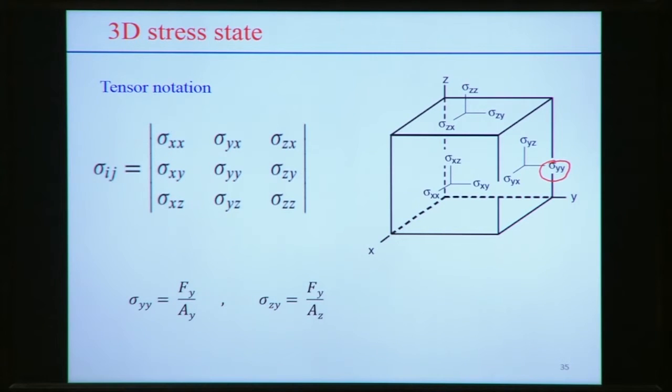But on the same plane we define the shear stresses sigma yx and sigma yz. Sigma xx is also acting along the direction x, similarly sigma zz, and the other components sigma zx, sigma zy, sigma xy, sigma xz are the shear stress components.